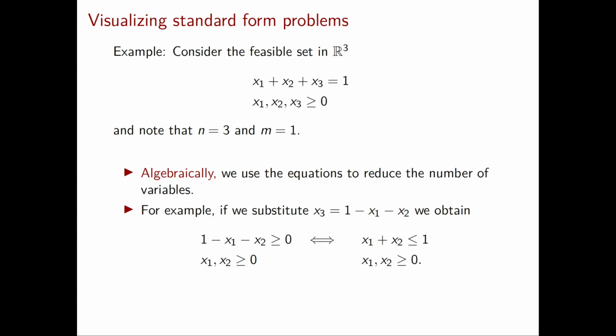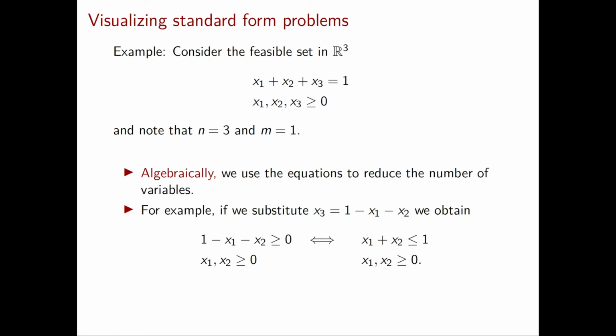Finally, I want to make one last important comment regarding visualizing standard form problems. In the running example that we analyzed, we had a standard form problem which lives originally in R3, and then we introduced a technique that allowed us to visualize it in R2. Now, this is just an example. In fact, it's not so useful because we could already visualize this problem in R3, which is great.